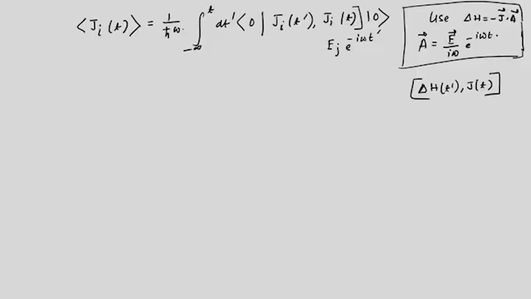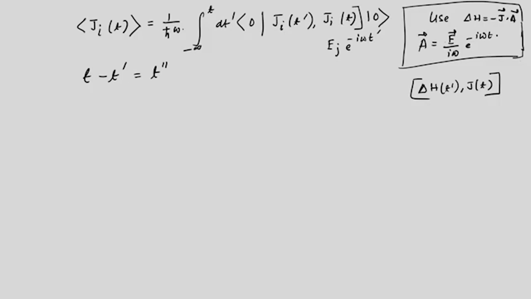So, there are two times t and t prime that you see there. These two times can be converted into one time, which means t minus t prime can be written as some t double prime.